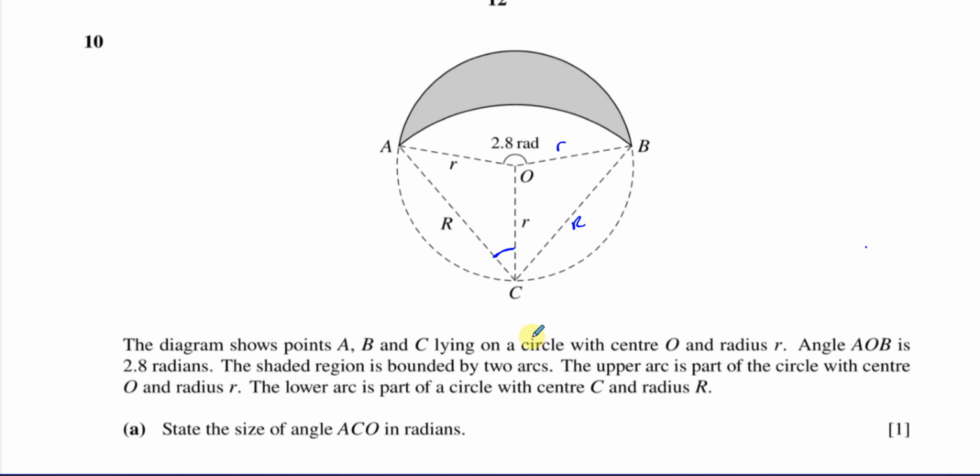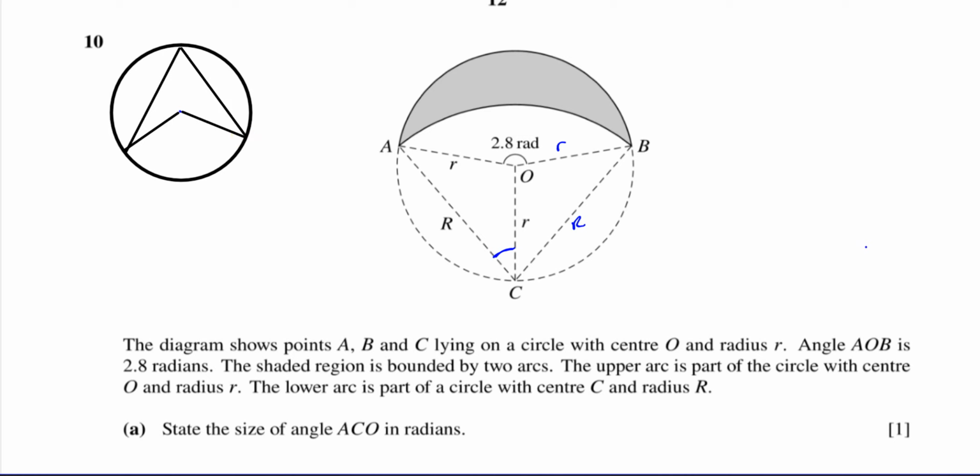Now, a quick way of doing this is to understand and to remember the rule that we learnt in, hopefully, IGCSE, for angles in circles, where you have an angle subtended to the center and an angle subtended to the circumference. And the angle at the center is twice the angle at the circumference.